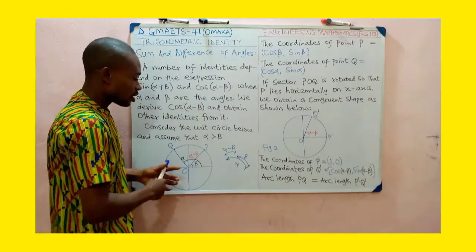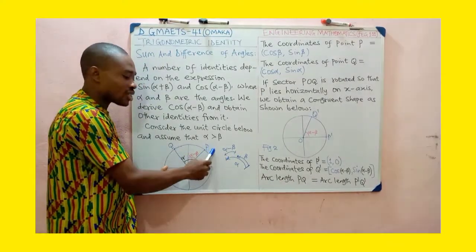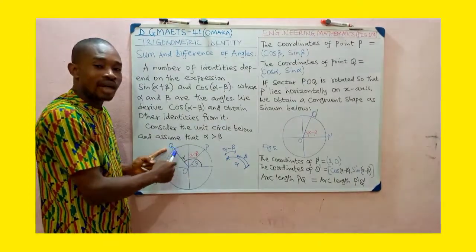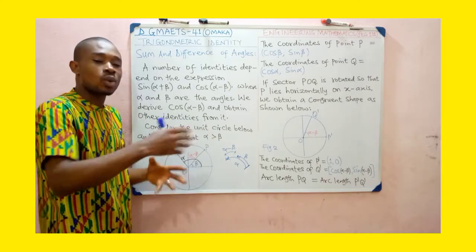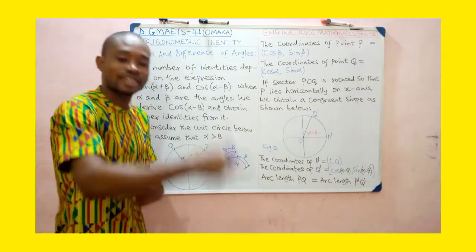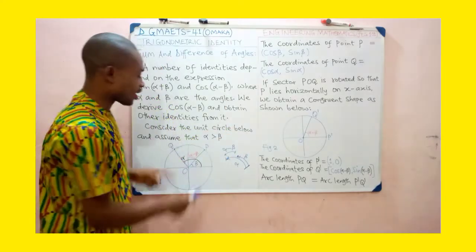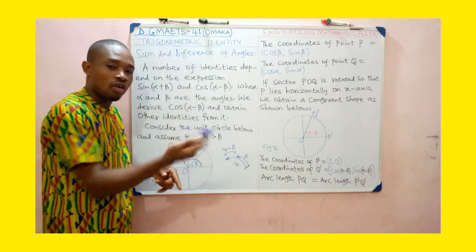So let's see. This point P, we can locate it as (x1, y1), and then point Q as (x2, y2). These x1, y1, x2, y2 can be converted from Cartesian coordinates to polar coordinates, considering the fact that the 2 points are on a circle, a curve.